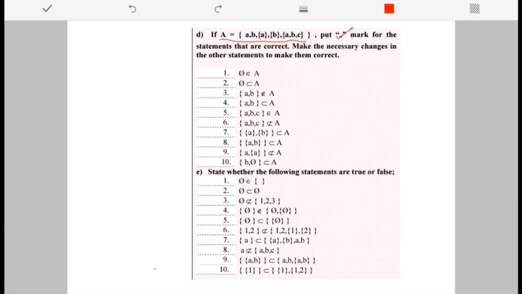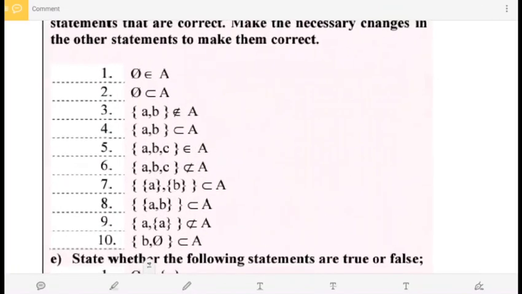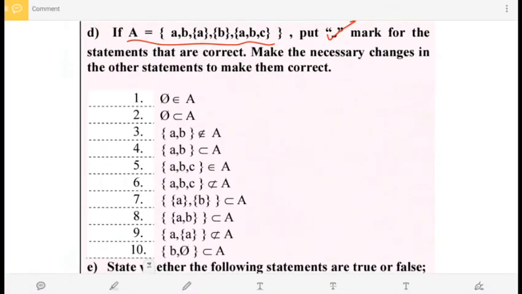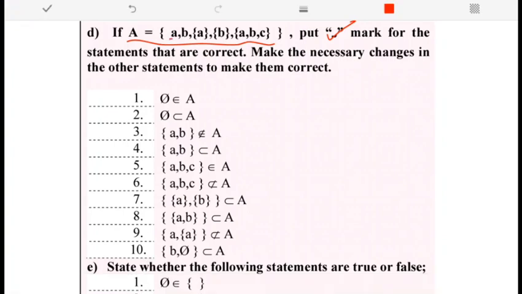So your set A is: A, B, set of A, B, set of A, set of B, set of A, B, and C. So we have 1, 2, 3, 4, 5 elements.